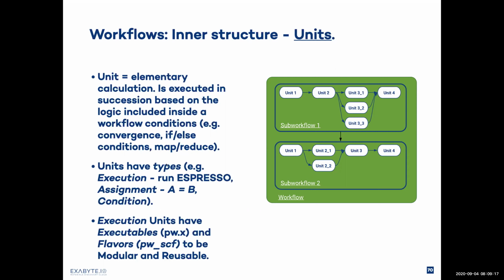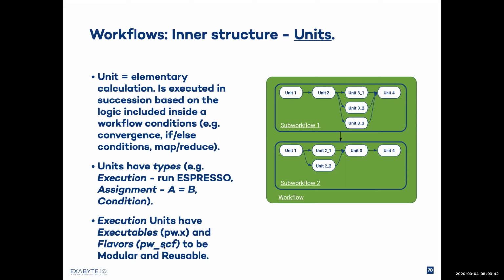And units can have different types. For example, if you run Quantum Espresso, it will be an execution type unit. And if you do an assignment of a variable, it will be an assignment type unit. If it's a condition that splits the flow of the workflow, it's a condition unit. And then execution units can have different executables associated with them and different kinds of flavors.